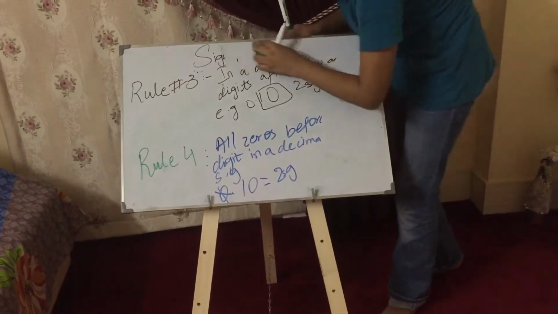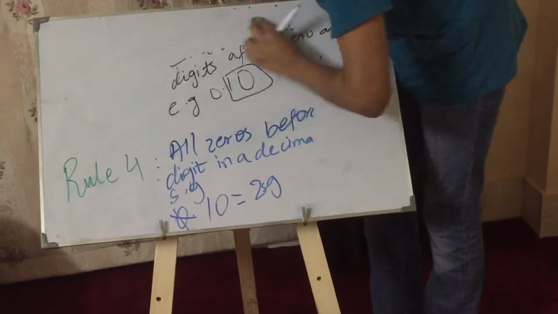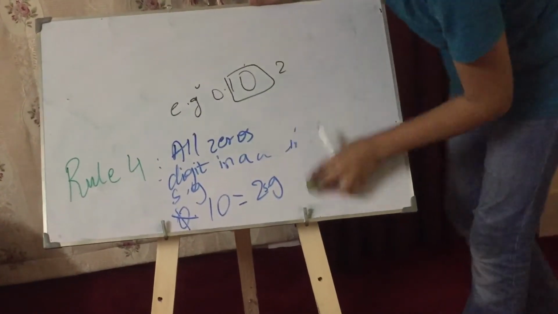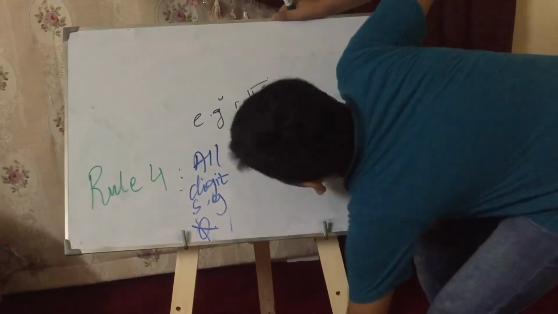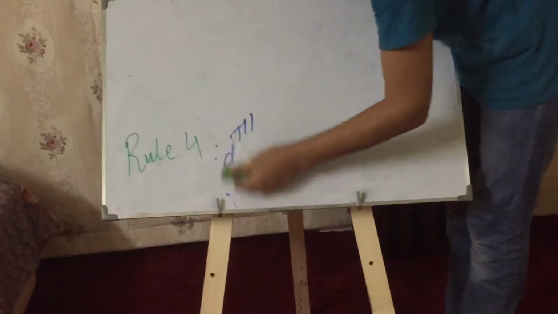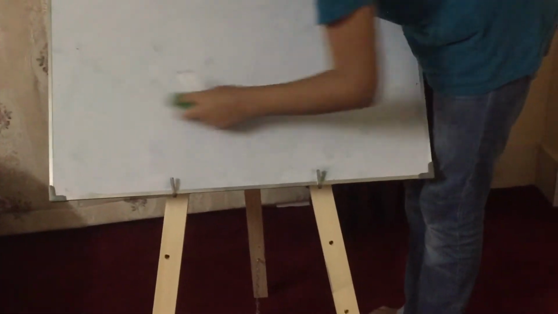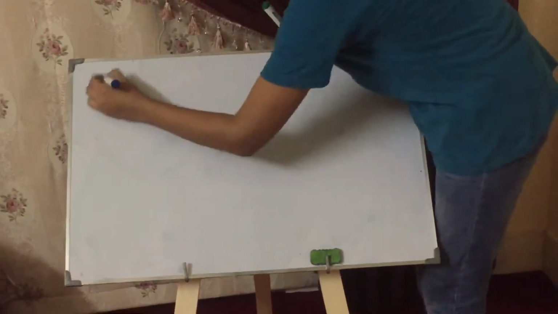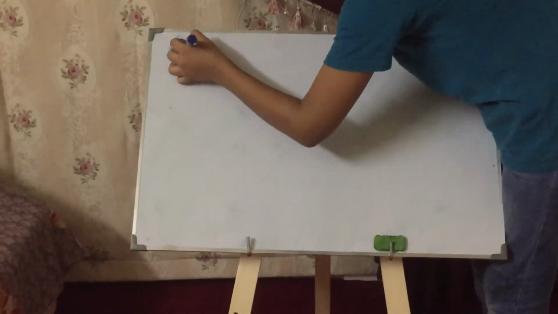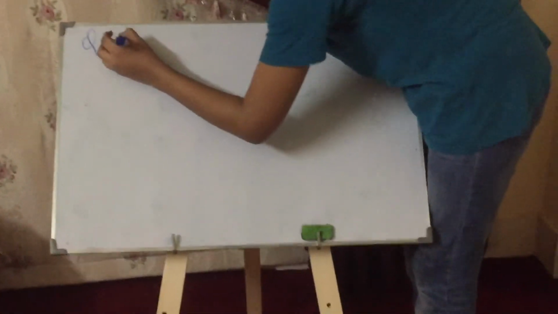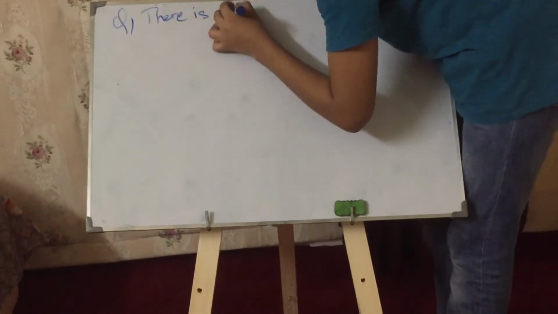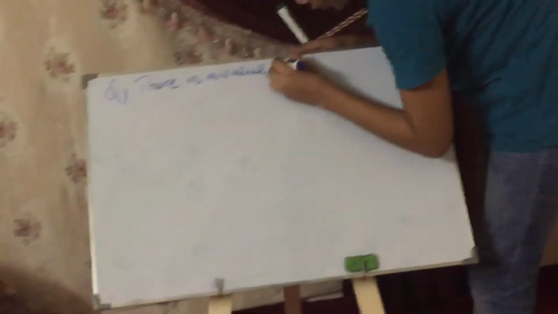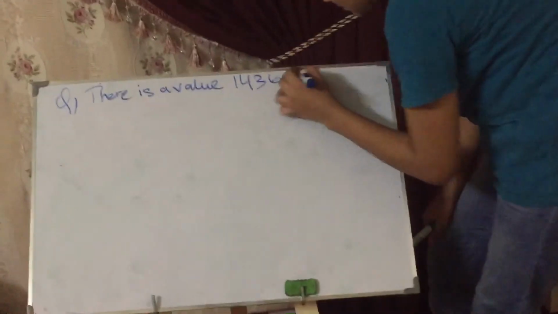Okay, I have a tricky question for you all. It's related to significant numbers only. The question is very easy. There is a value 143600.